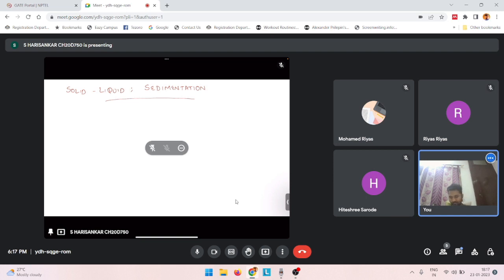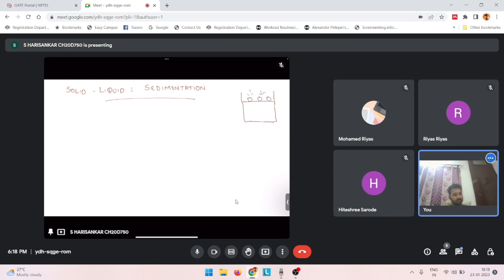Right? Sedimentation, I'm pretty sure everyone knows what sedimentation is. For example, you have a glass filled with water, and you put in some sugar cubes or sugar crystals from the top.